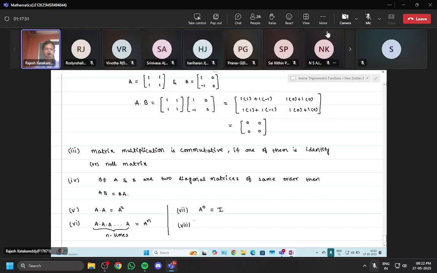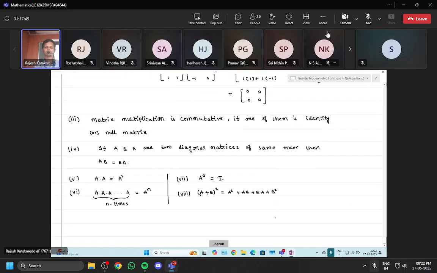Normally in algebra, you write (A plus B) whole square as A square plus B square plus 2AB. In matrices, we cannot write that. (A plus B) whole square is A square plus AB plus BA plus B square. In general, it is not 2AB.